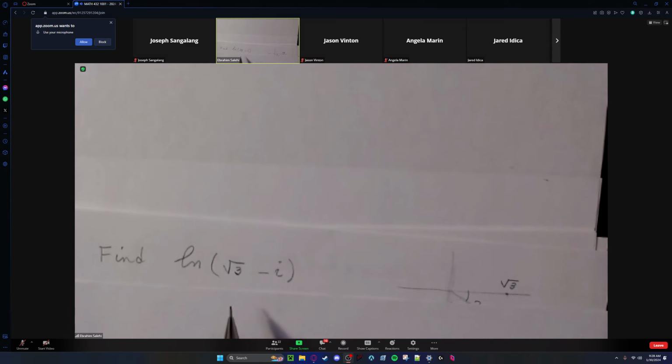But all values, definitely, you got to plot the point. Here is the point, the square root of 3 right here, and -1. So the principal argument is negative pi over 6. And the modulus is 2. So using this exponential format, this is in fact 2 e to the negative pi over 6 i, this being the principal argument.